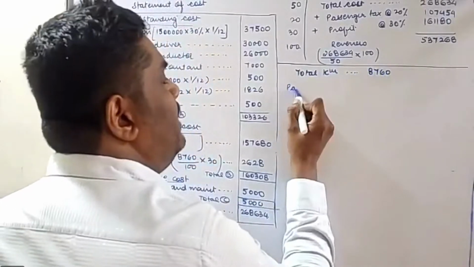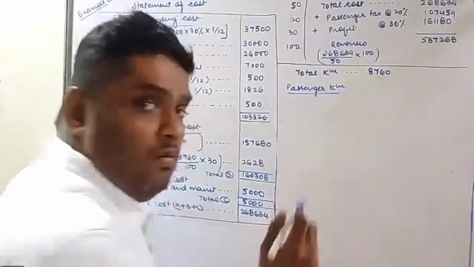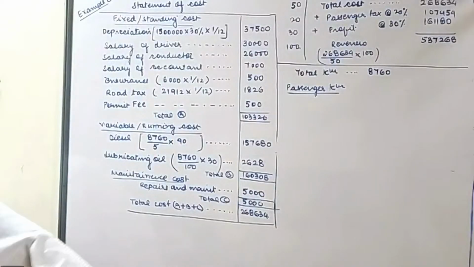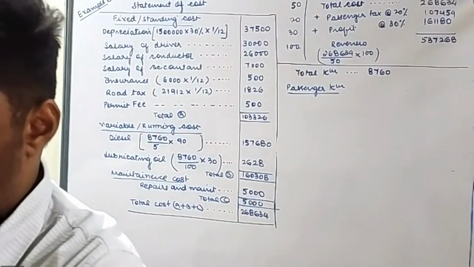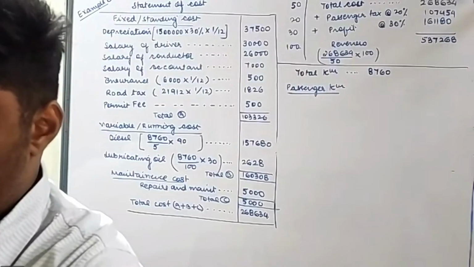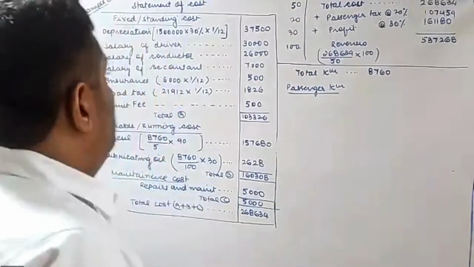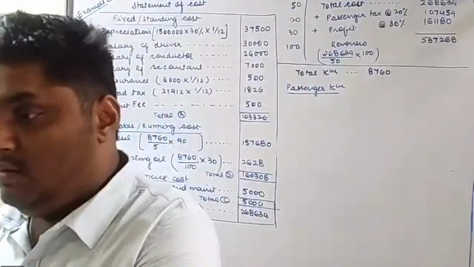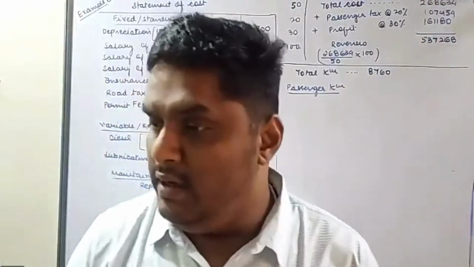Now let's calculate the passenger kilometers. So there are 3 cities: Hisar, Aligarh and Alwar.